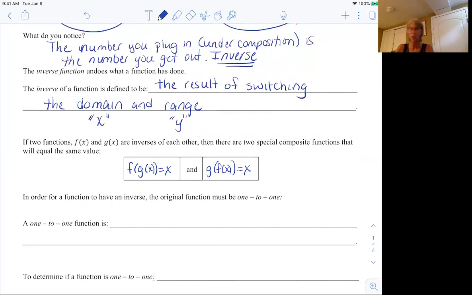Now, in order for a function to have an inverse, the original function must be what we call 1-to-1.